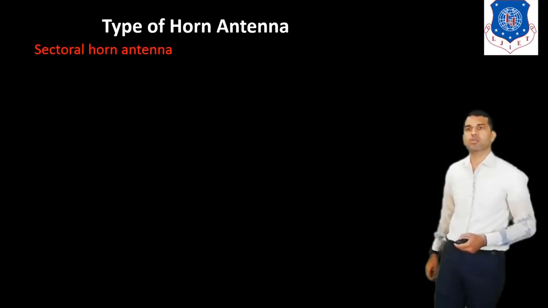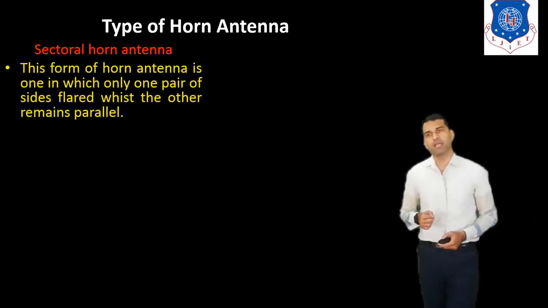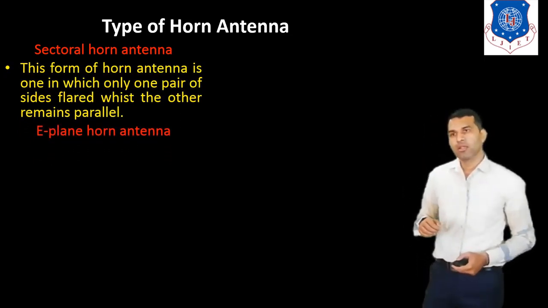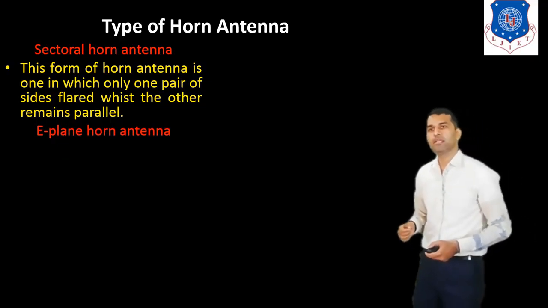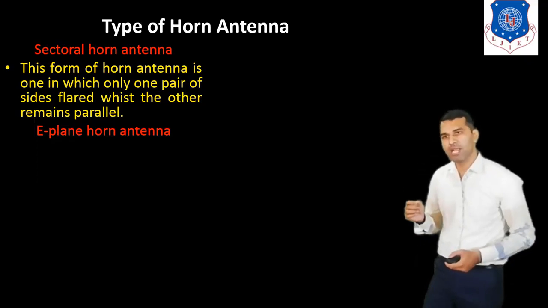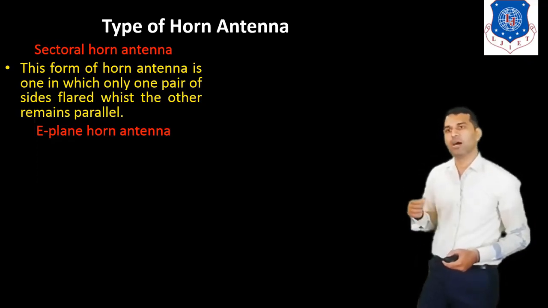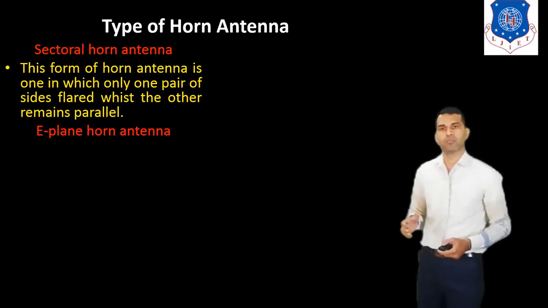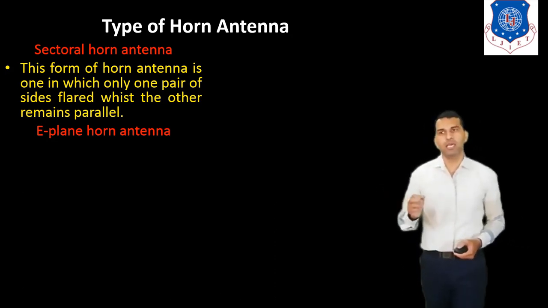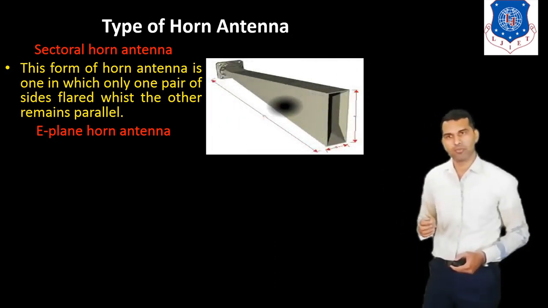Now we discuss the second type of horn antenna, the sectoral horn antenna. This form of horn antenna is one in which only one pair of sides flare while the other remains parallel. So mainly this antenna has two types. The first one is the E-plane horn antenna.